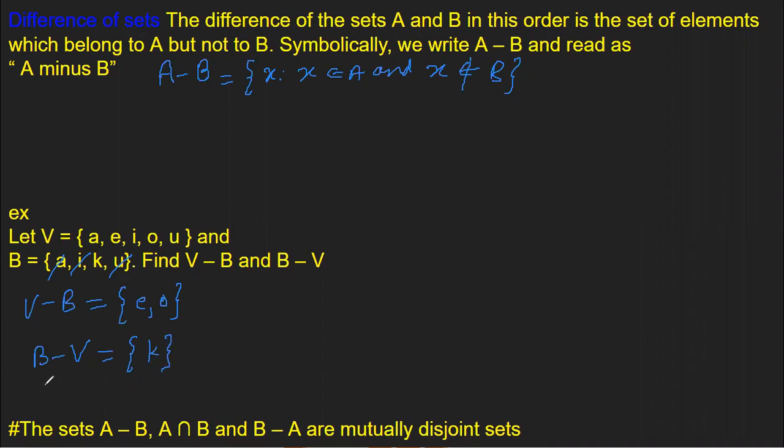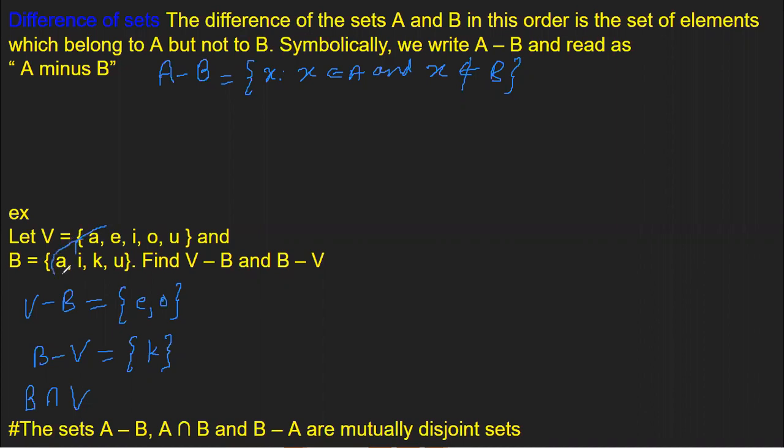A minus B आ गया, B minus A आ गया. Now क्या हम A intersection B भी निकाल सकते हैं? A intersection B. What is common in A and B? Do you see anything common in A and B? Yes, A is common.